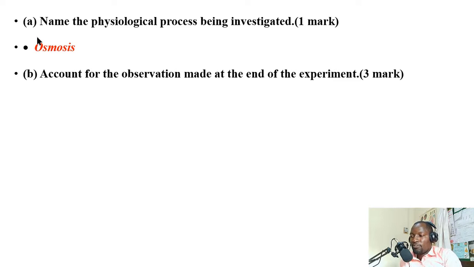Then account for the observation made at the end of the experiment. What is seen is that the content in F is much less than before, while E has increased.